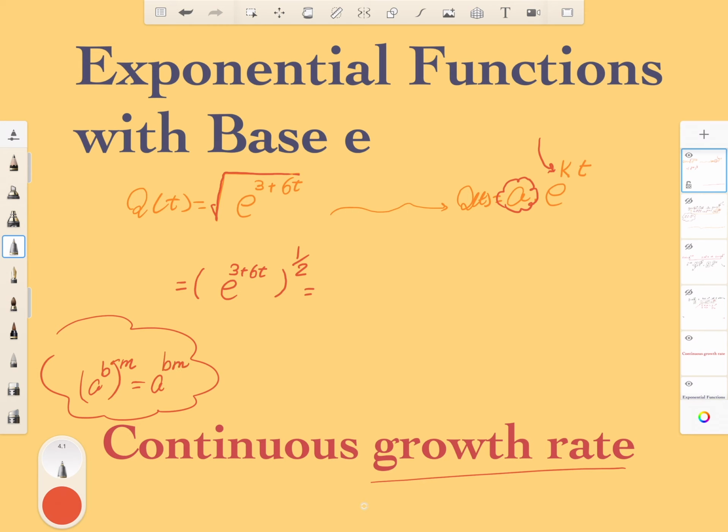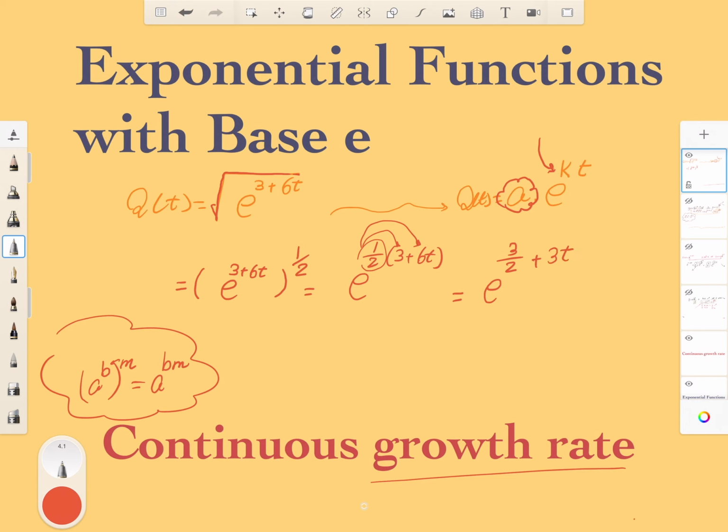We multiply. So here we have e to the power 1/2 multiplied by 3 plus 6t. This equals e to the power 3/2 plus, 1/2 times 3 is 3/2, 1/2 times 6 is 3t.